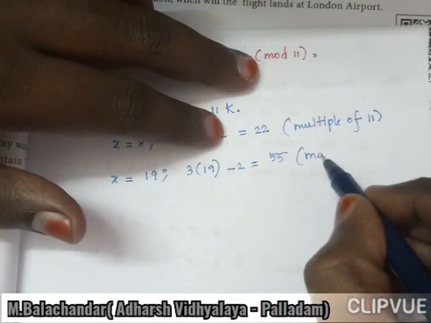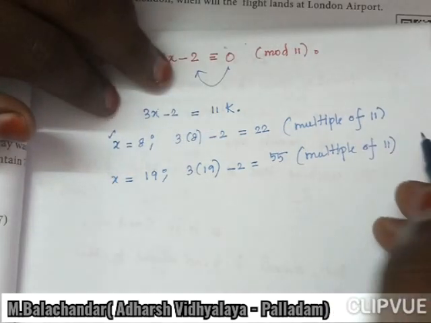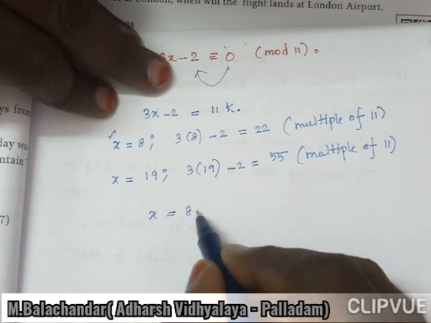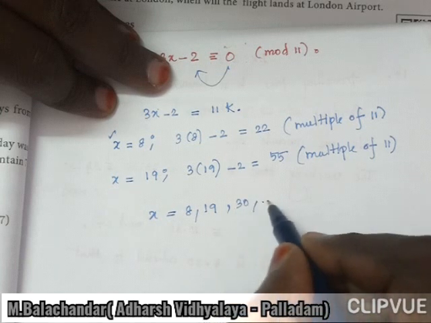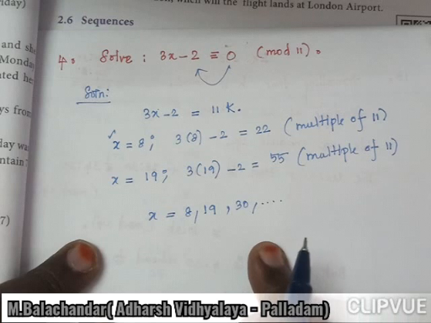It is a multiple of 11. So the values of x are 8, 19, and the next one 30, and so on. This is one way to find the value of x.